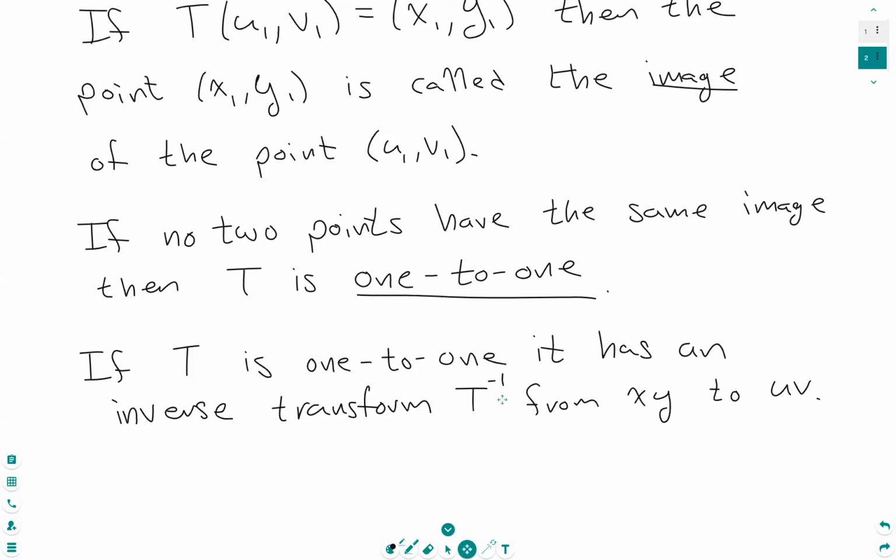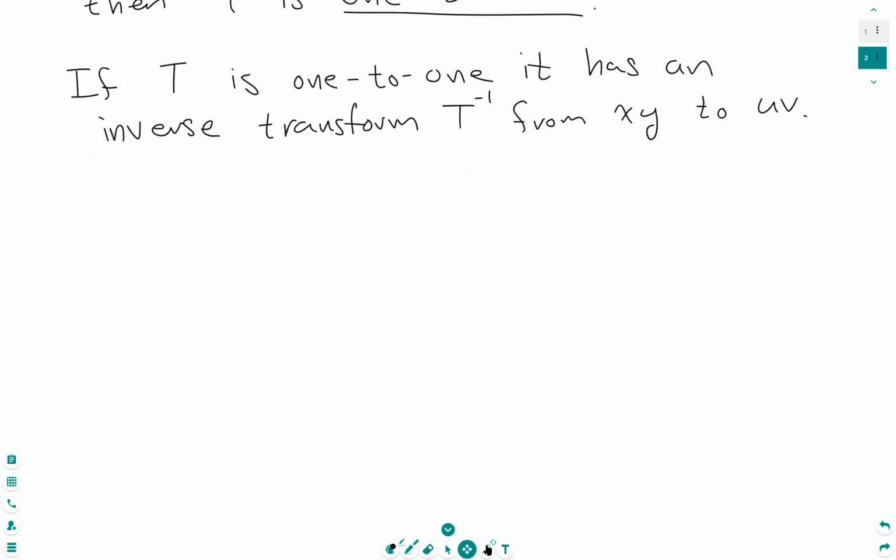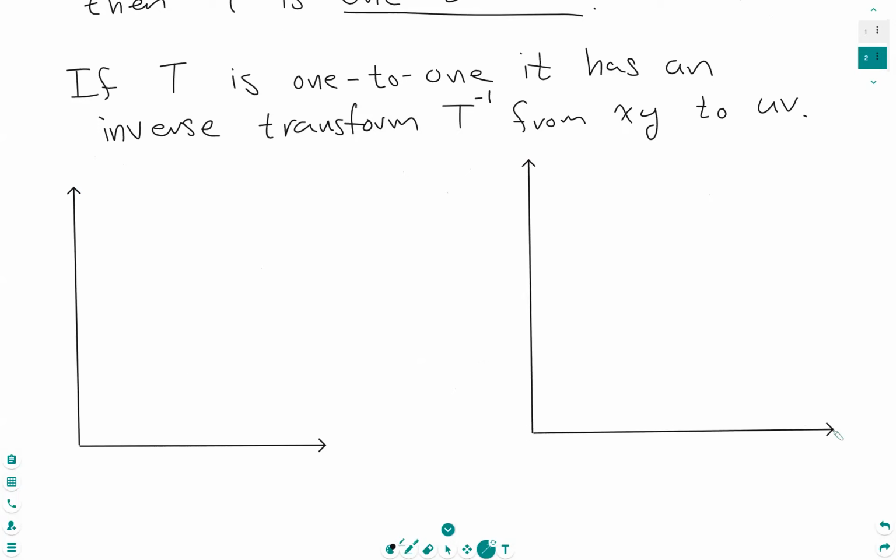Okay, what am I talking about? Let's draw a picture. So imagine that here I have UV space, and I've got some object.